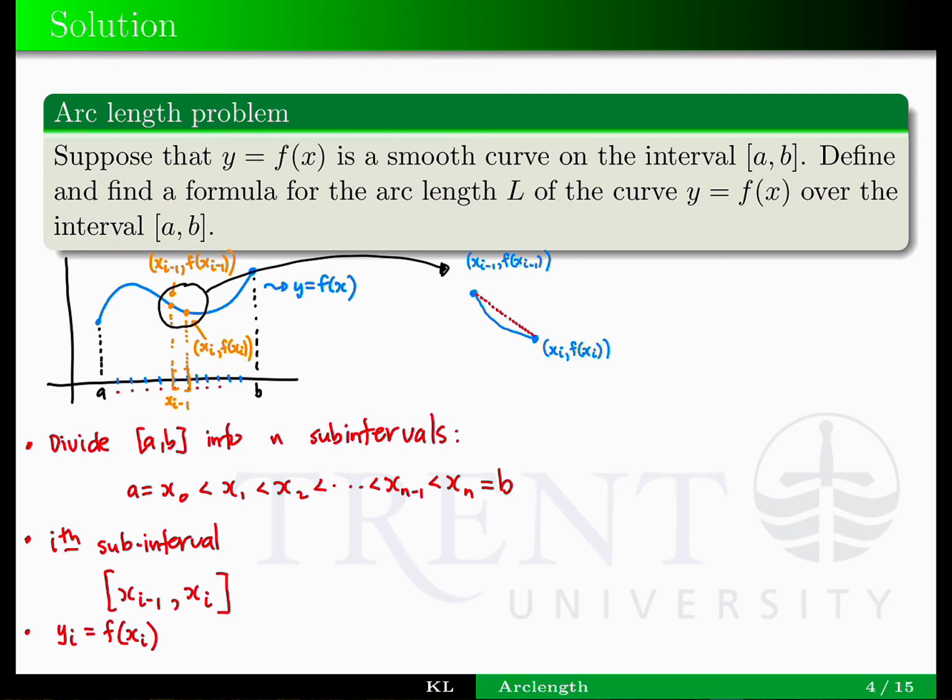Notice that after zooming out, this portion here, the red dotted line, is almost of the same length as this part of the curve. So the length of this line segment will approximate the length of this arc.